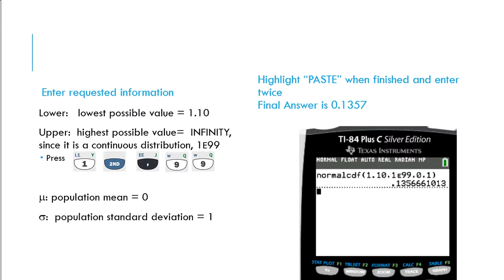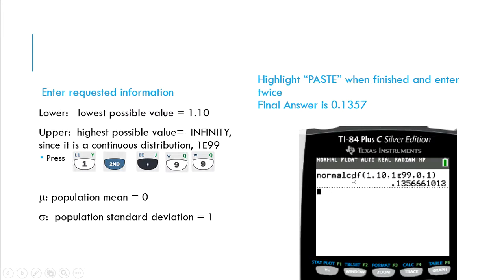The way that we put infinity in the calculator is 1 second, comma 99. You have to do it in this exact order, and it tells the calculator it means infinity. So your population mean is 0 and your population standard deviation is 1. So you hit paste and hit enter twice, and this is what you get.